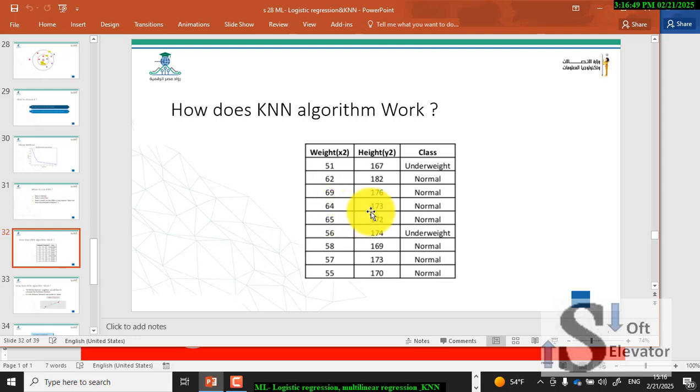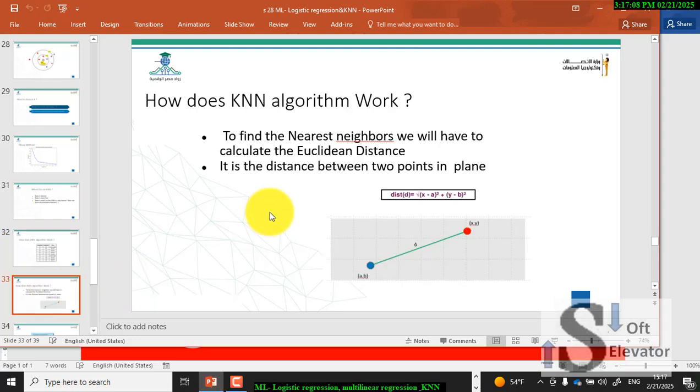These are normal weight, while this is underweight and this is underweight. So here I have A or B, X, Y.